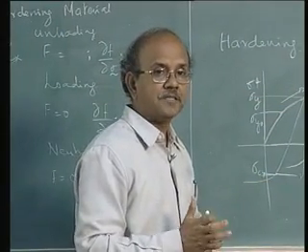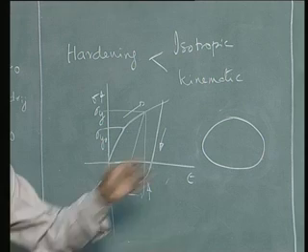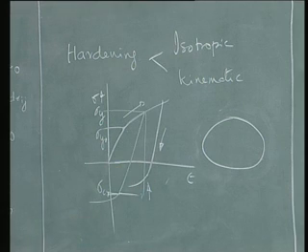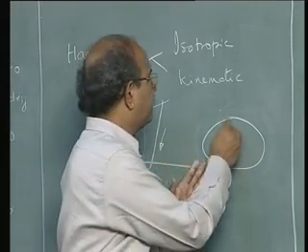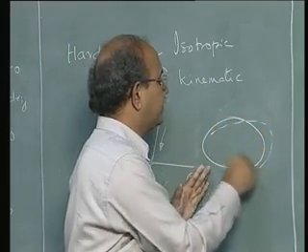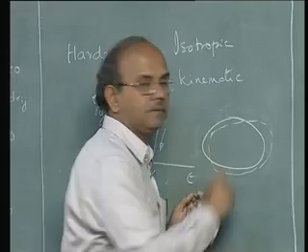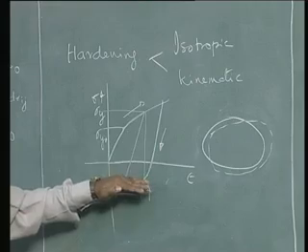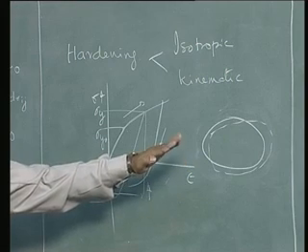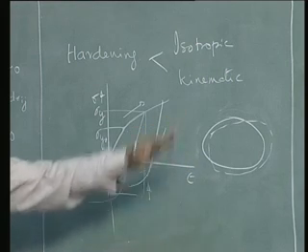Now, what happens when there is kinematic hardening? When the kinematic hardening is there, the yield surface starts shifting. So, this shift here is manifested as a shift in the yield surface.